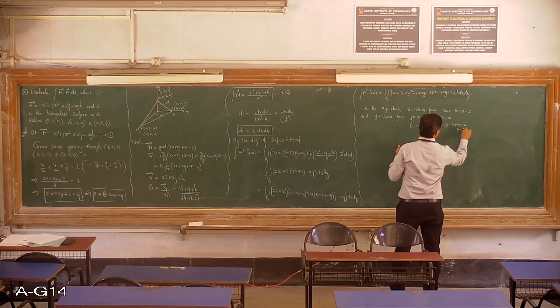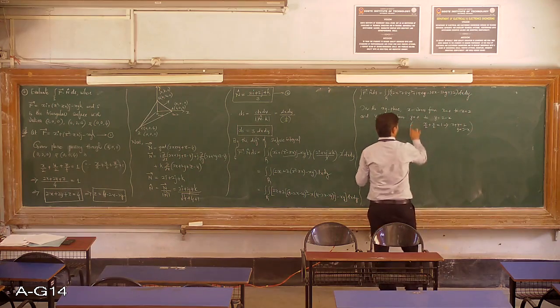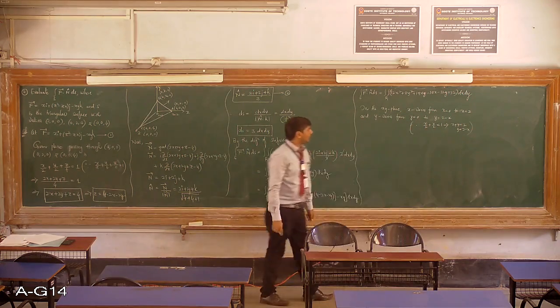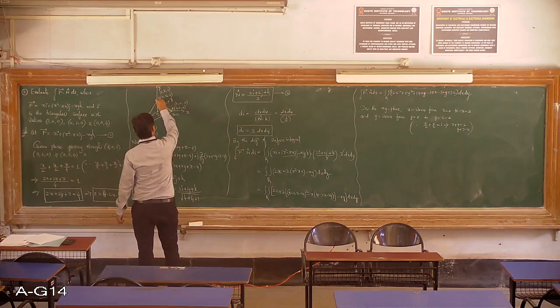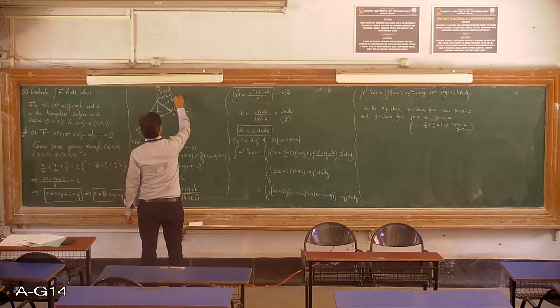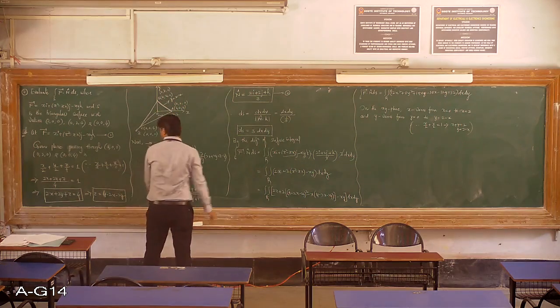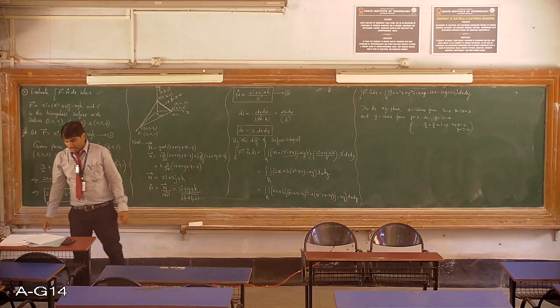So y is equal to 2 minus x. That means the equation of this particular line is y equals 2 minus x, so y is running from y equals 0 to y equals 2 minus x.